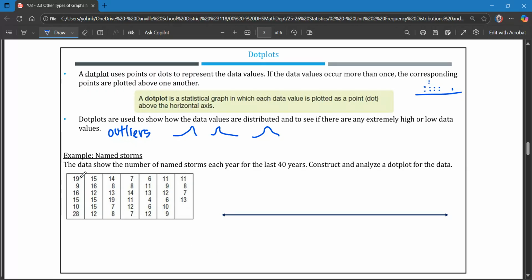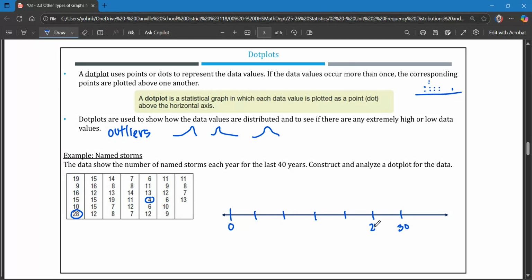So what you're going to do is look in the table and try to find the biggest and the smallest numbers first. I see 28 is my biggest number and 4 is my smallest. That means my number line has to include all the numbers between 4 and 28. So I'm going to start at 0 and mark every fifth one: there's 5, 10, 15, 20, 25, and 30.